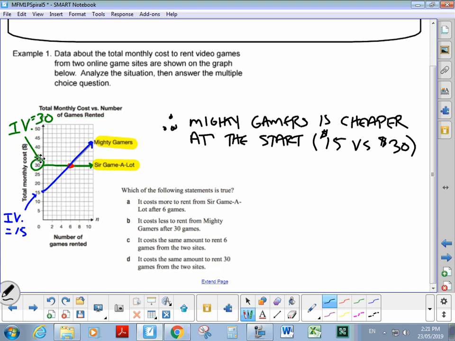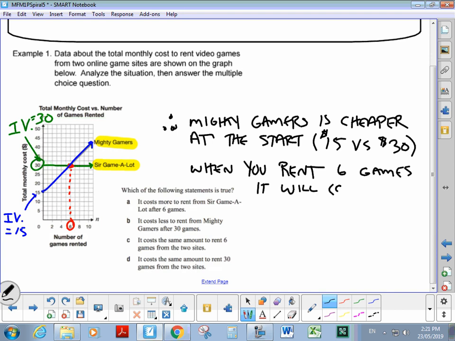But if I go back to my graph here and I pick red, when you rent 6 games, they cost the same. So when you rent 6 games, it will cost the same.